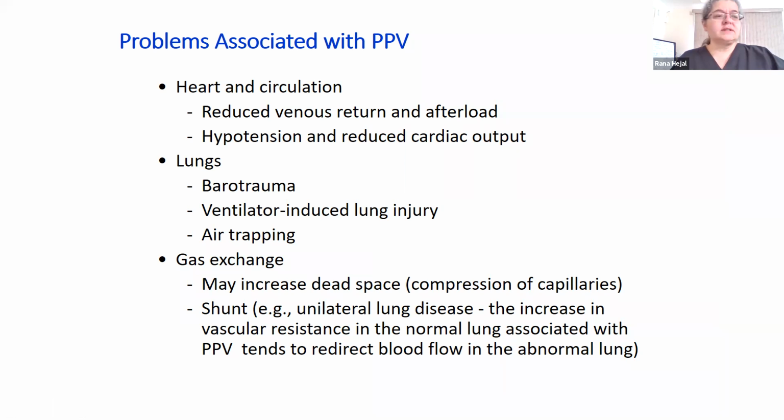What are the complications? Are these helpful? Okay. Problems that are associated with positive pressure ventilation are several, as you all know. The circulation is a problem, the lung is a problem, and even gas exchange sometimes gets a hit if it was not done properly.